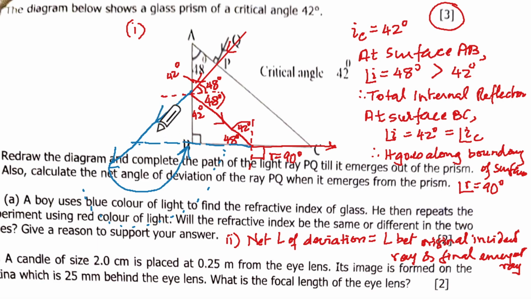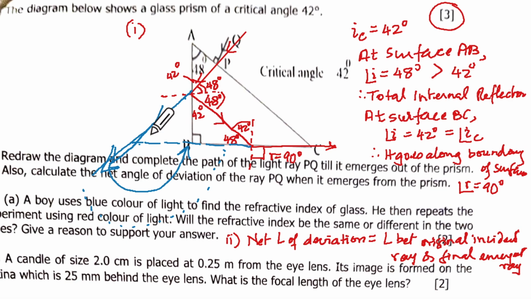This is not the angle of deviation, because the ray should have gone this way. If you keep a pencil or pen along that and rotate it, you will get an obtuse angle. If you rotate it, you will not get this angle. Understanding? Okay.